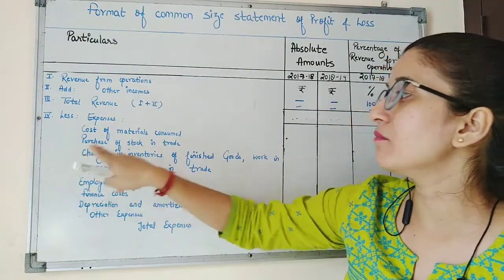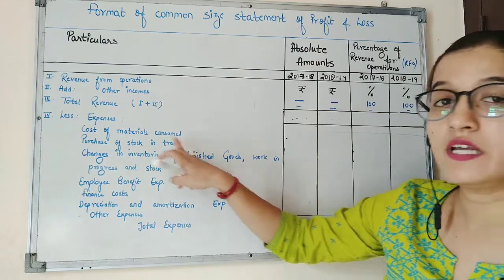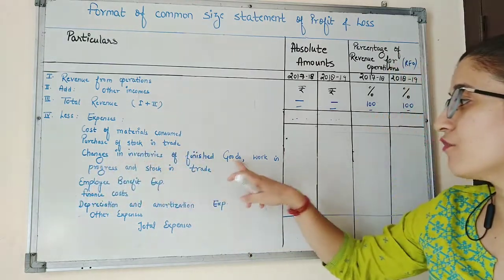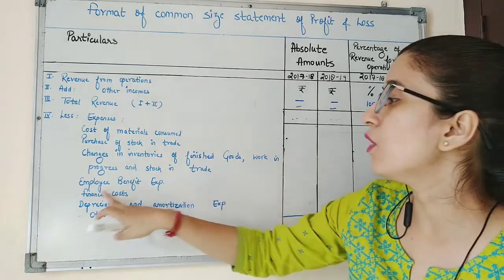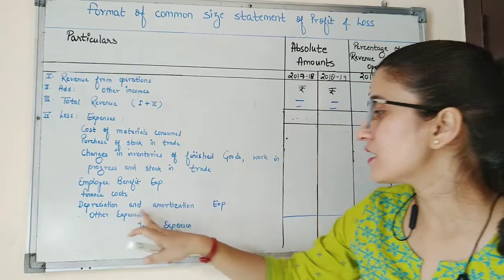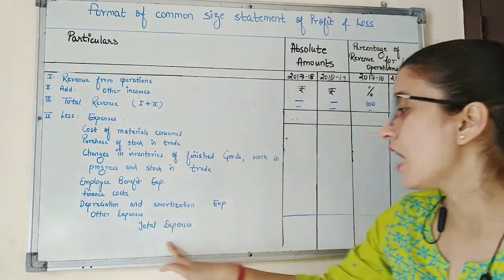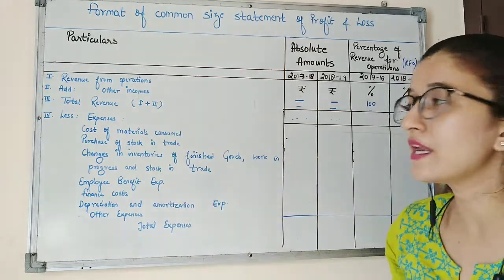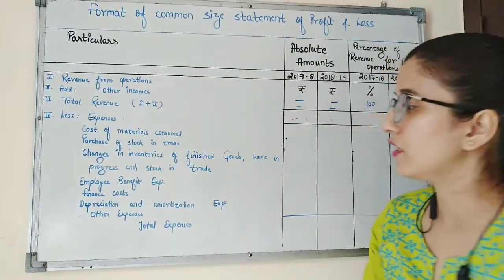Expenses can be cost of materials consumed, purchase of stock in trade, changes in inventories of finished goods, work in progress and stock in trade, employee benefit expenses, finance cost, depreciation and amortization expenses, and other expenses, and these will be your total expenses.